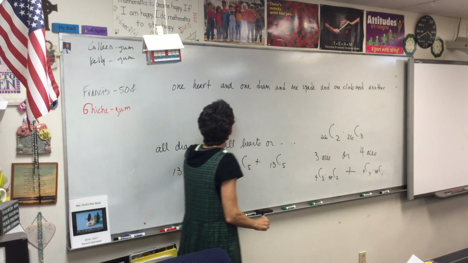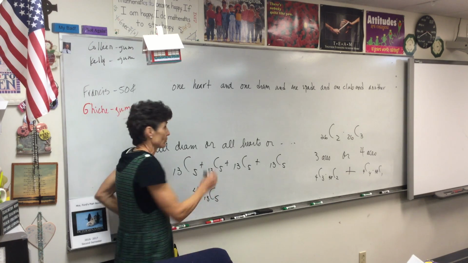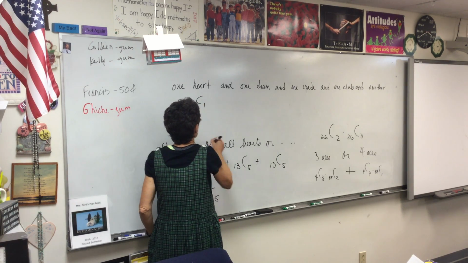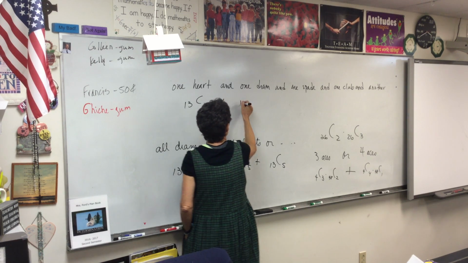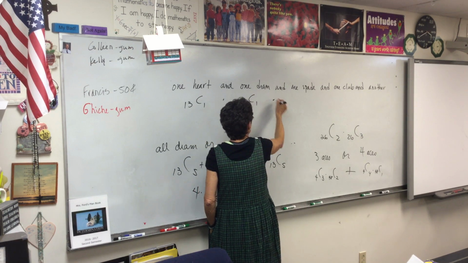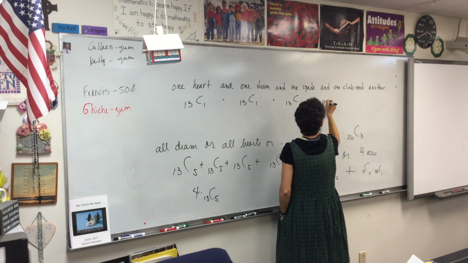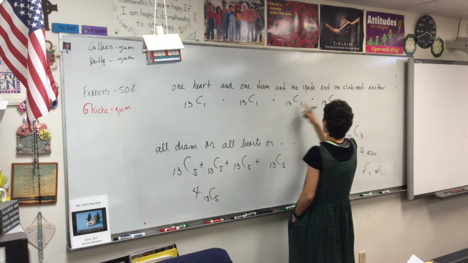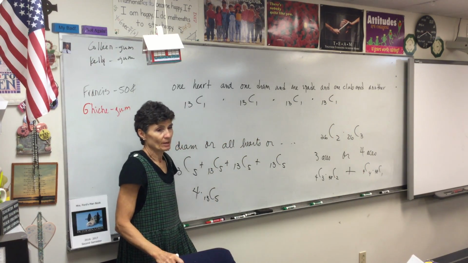So here we go. How do we get 1 heart? 13C1. And 13C1 and 13C1 and 13C1. And then we've got a problem though.